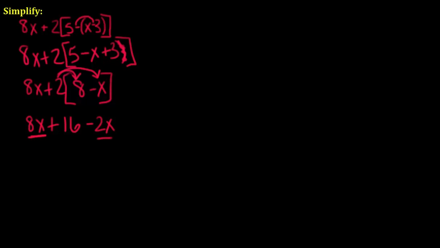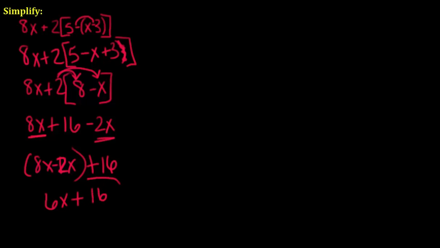So we have 8x minus 2x plus 16. So 8 minus 2 is 6x plus 16. And this is in the most simple form.